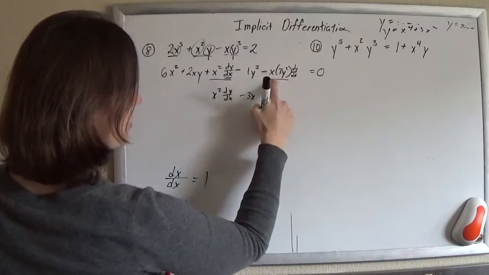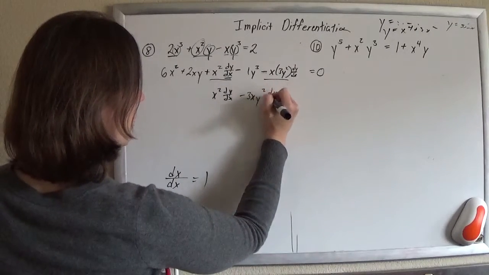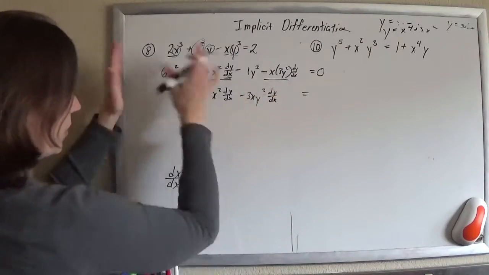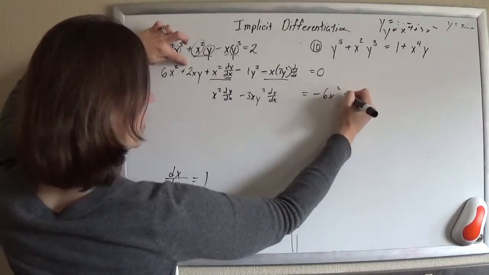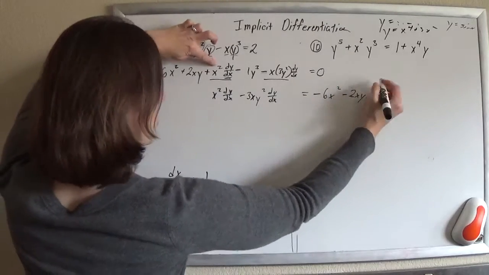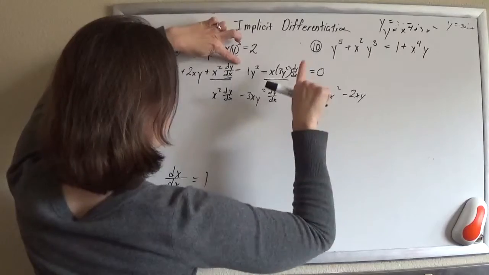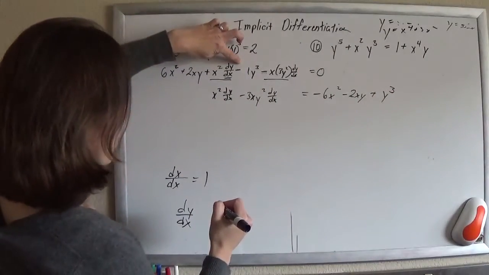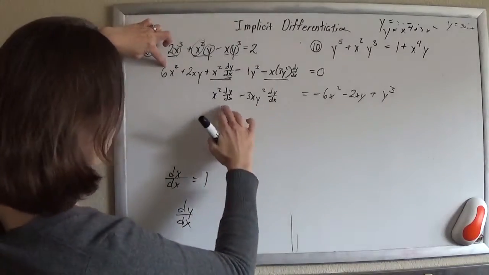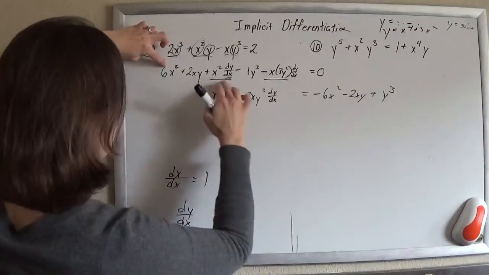I'll rewrite it as 3xy squared dy/dx. And then everything without the dy/dx gets shoved over, so that's negative 6x squared minus 2xy, that stayed, and then plus y cubed. Cool. So I've got all 1, 2, 3, 4, 5 pieces.